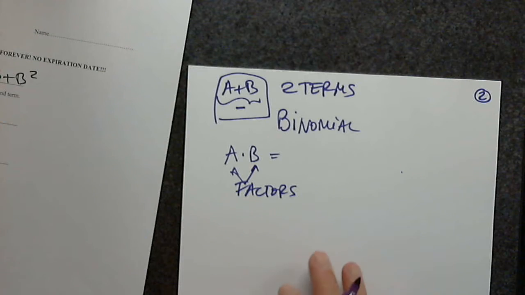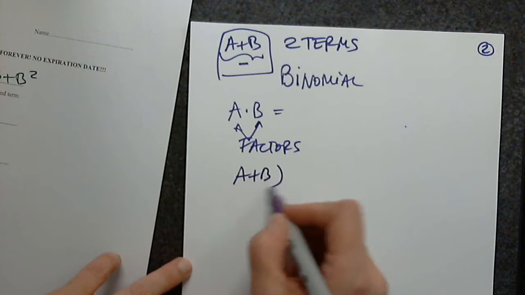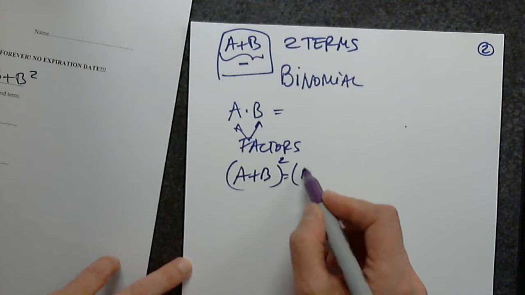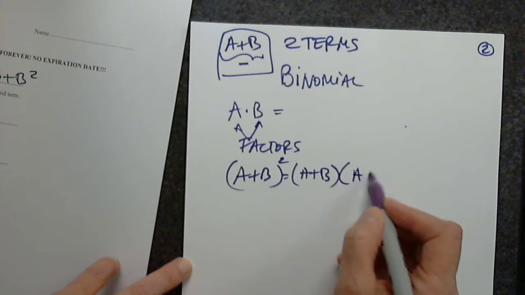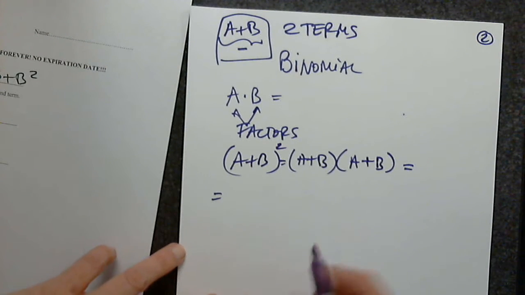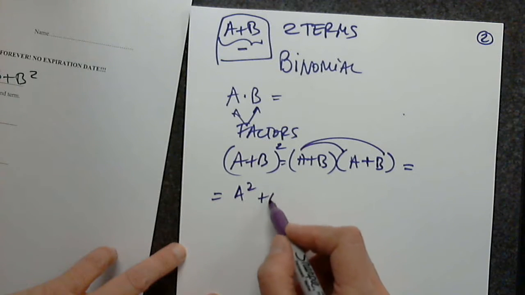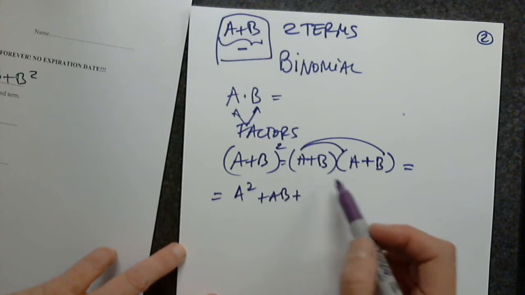Okay, so for those of you who did not remember this, let's just do it one more time. So this is a plus b and a plus b again, and we will use FOIL. So this is a squared and then ab. Stop me if you have any questions, okay? Plus ba.